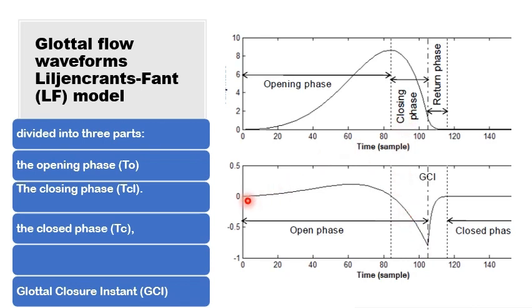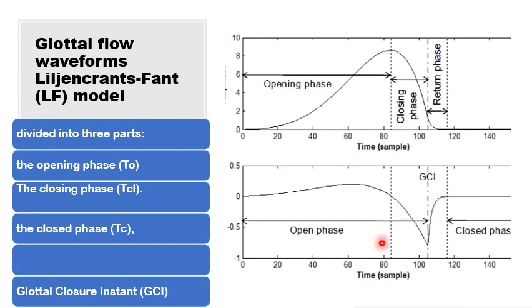So when the velocity of the airflow increases in here, it accelerates, and when the flow starts to decrease per unit time, it starts to decelerate until it reaches a point of maximum deceleration. This point is called the glottal closure instant. This is when the glottis is closed, and this starts the closed phase, which is made up of a closed phase and also a returning phase when the glottis is returning back to the baseline.